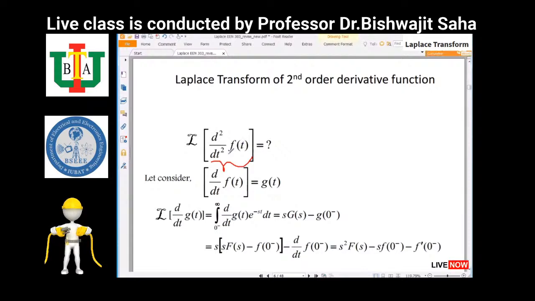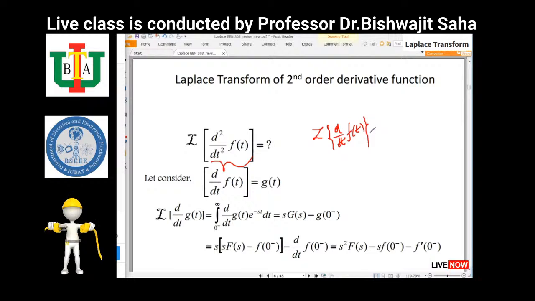So from here, we know the Laplace of d by dt f of t. We already know the Laplace of d by dt f of t, right?